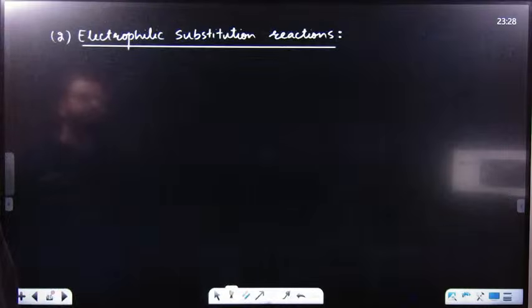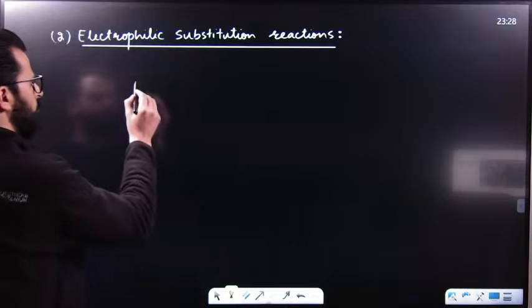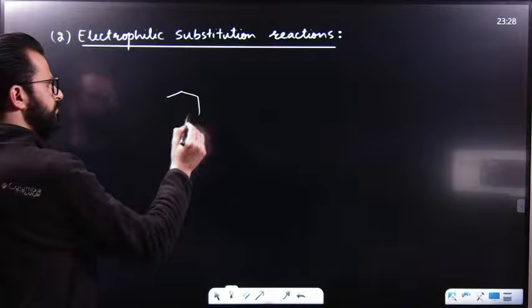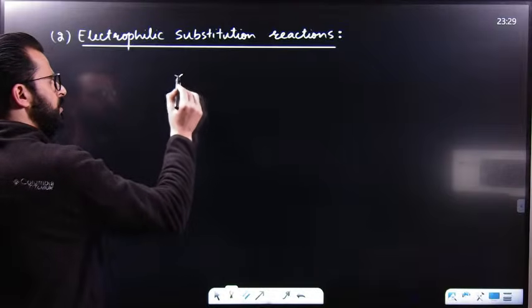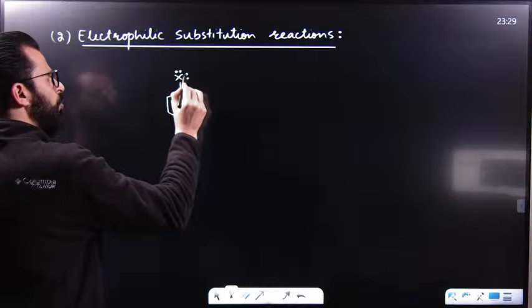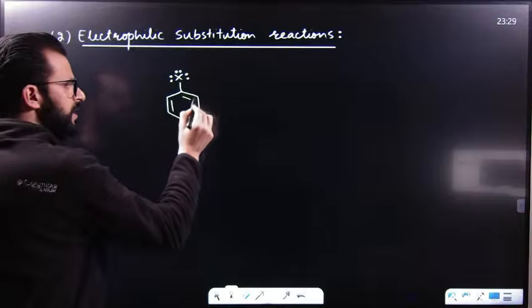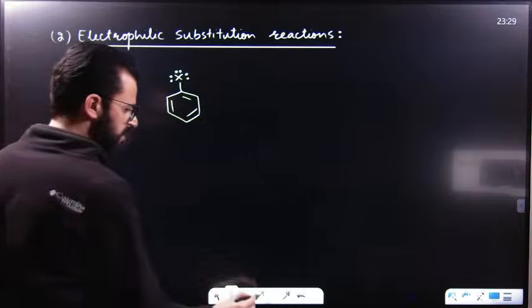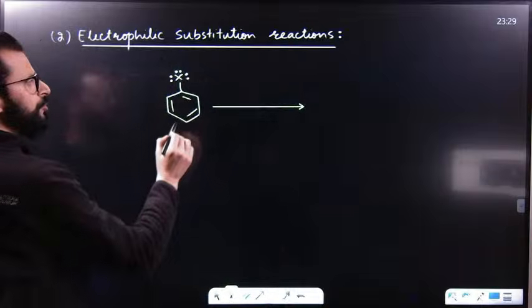Now, after that, it's electrophilic substitution reactions. Have a look. If you are having haloarene, this haloarene will donate electron due to resonance and increase electron density at ortho and para position. That means electrophilic substitution reactions will take place at ortho and para position.